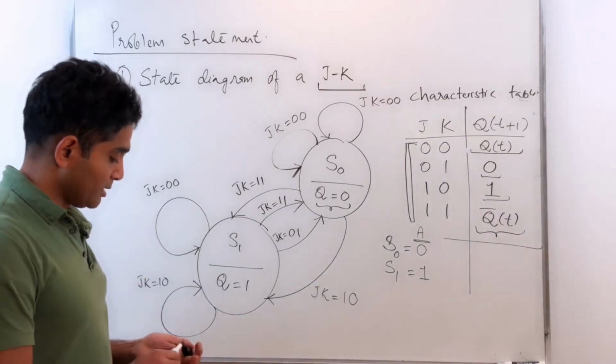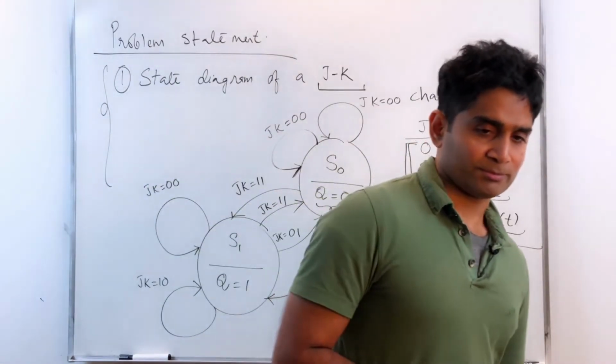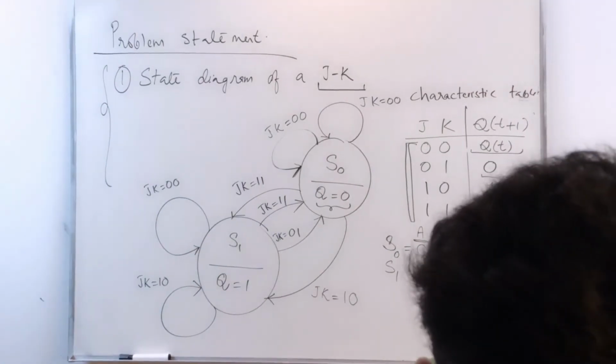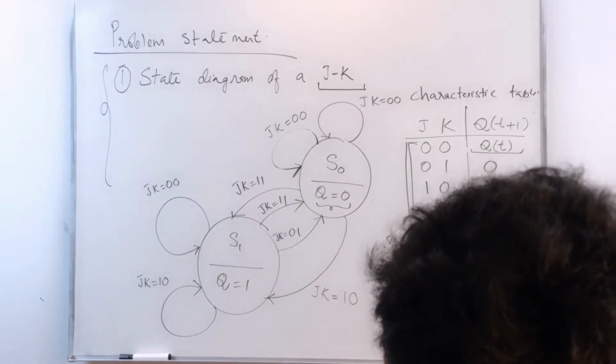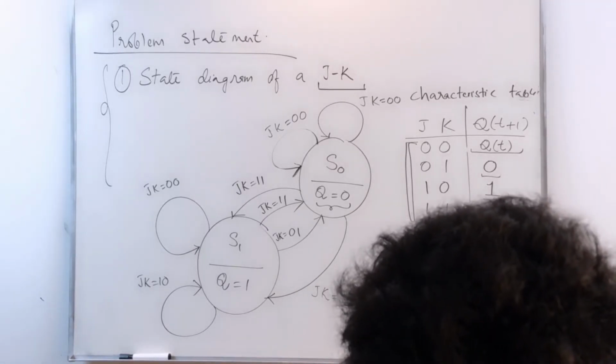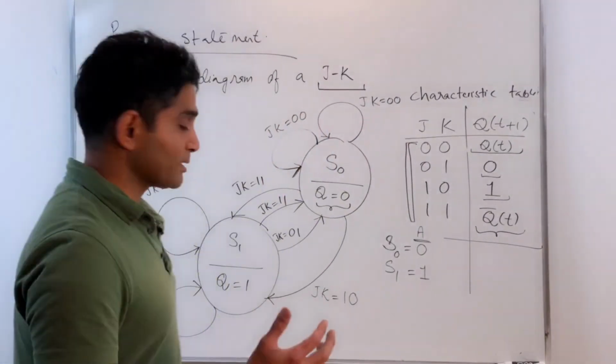Okay. Now what I would like to do is see if I can actually implement this as a state machine and see what I would get. Okay, we have time, yeah. All right, let's see how we can do that.